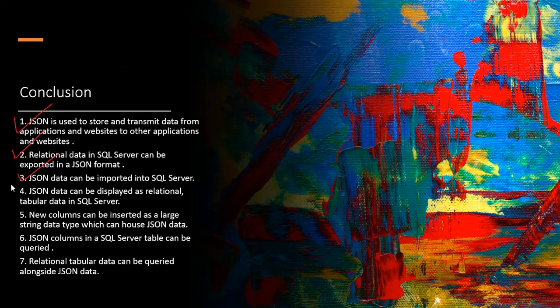JSON data can be displayed as relational tabular data in SQL Server. It can be a string data type, and it can house JSON data. Also, JSON columns can be queried using special JSON query functions. Relational tabular data can also be queried alongside JSON data.